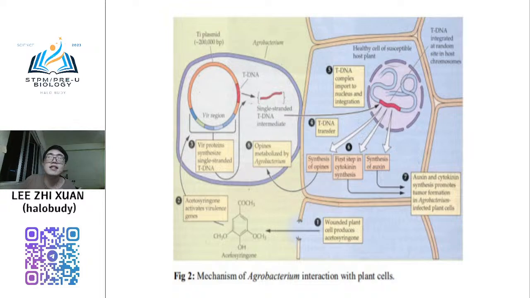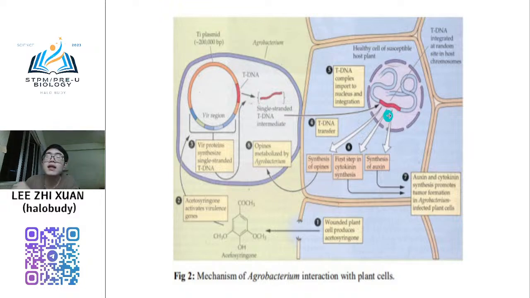So CCC ATCG. So the original part of this plant cell is removed, and then it integrates into the genome. So maybe CCC ATCG is already at here. So this plant already contains the DNA of the gene of interest.